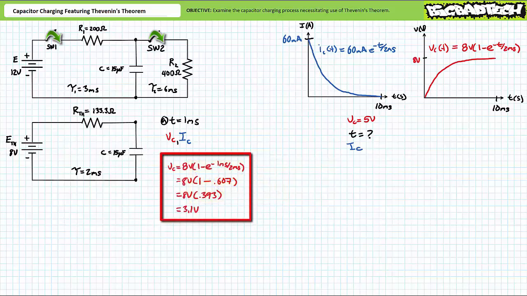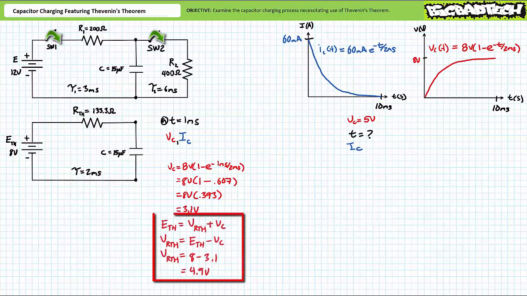Substituting 1 millisecond into the voltage across the capacitor as a function of time equation yields an instantaneous voltage of roughly 3.1 volts. We could substitute 1 millisecond into the time-varying expression for current through the capacitor as a function of time. However, we can also use much simpler, more reliable tools like series circuit properties, Kirchhoff's voltage law, and Ohm's law. Given an instantaneous 3.1 volt differential across the capacitor, Kirchhoff's voltage law demonstrates that 8 minus 3.1, or the remaining 4.9 volts, must necessarily appear across the Thevenin's equivalent resistor.